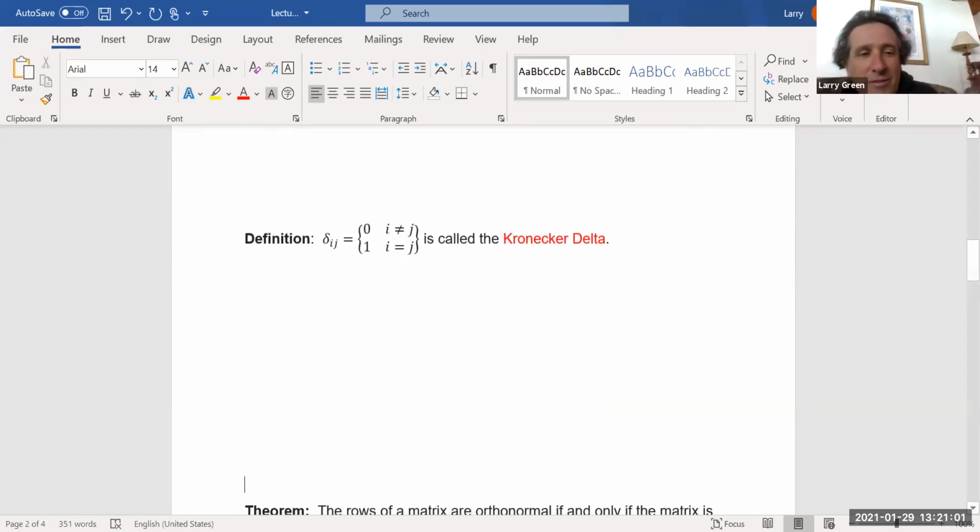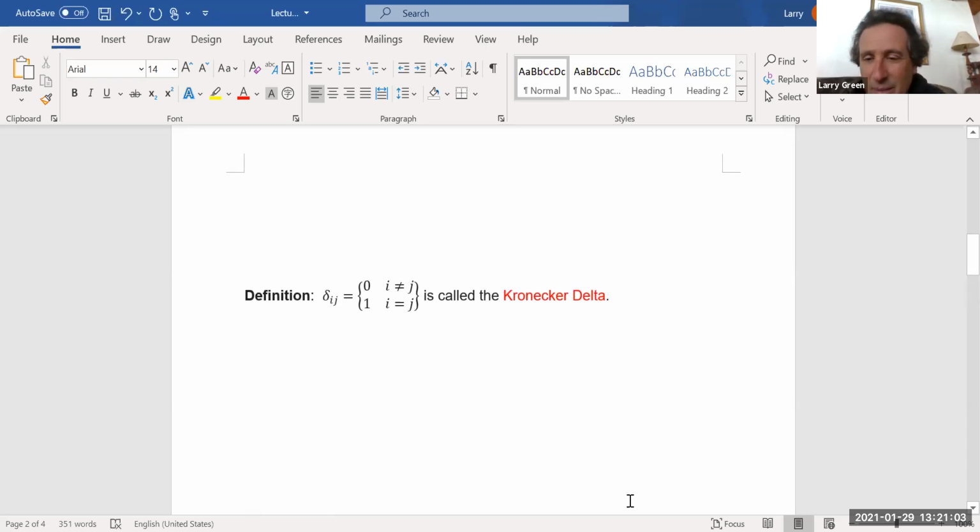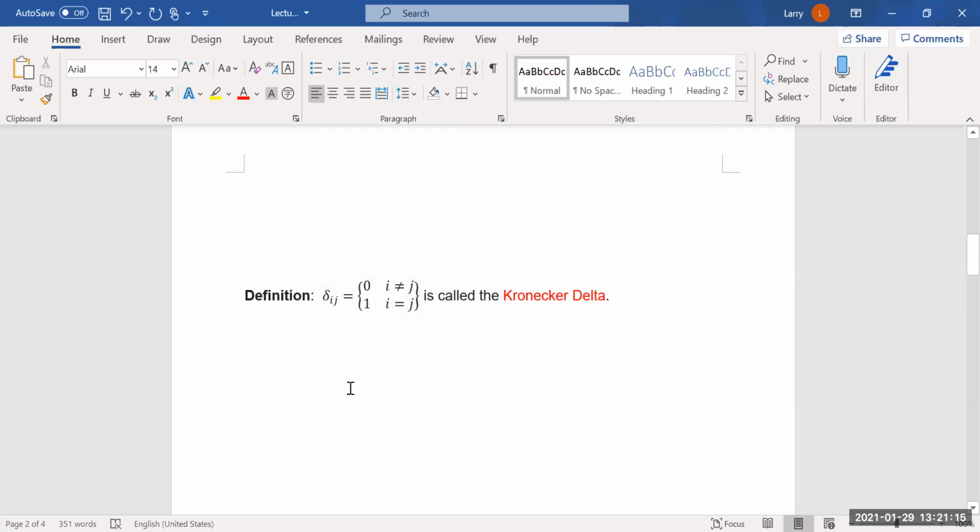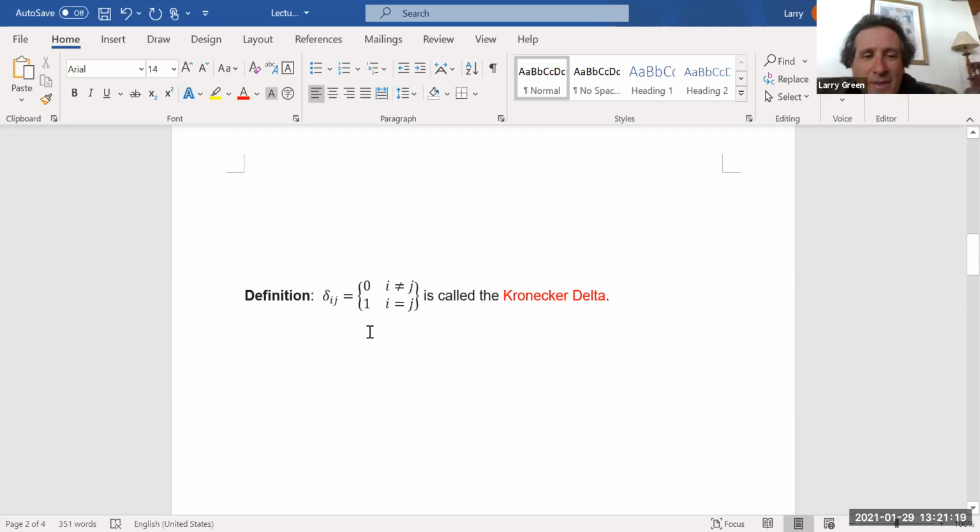So the first one really is just a symbol, but it's a really convenient symbol. I'm not sure if you've seen this before. Anyone seen this before? The delta ij. It's a really useful symbol because it comes up a lot and it's a real pain to write down its definition, but it's really easy to write down delta ij.